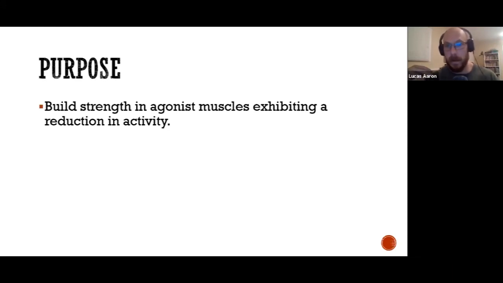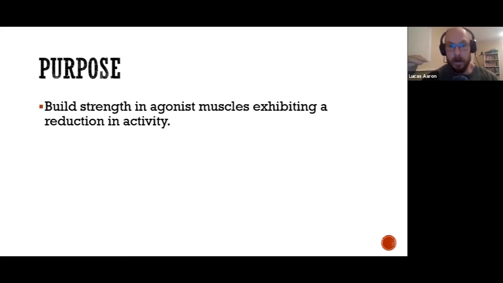So rather than trying to force someone into a position that they can't express, we're going to break that down. An example could be an ass to grass squat. Someone can't ass to grass squat. We're going to try to get them to that point.